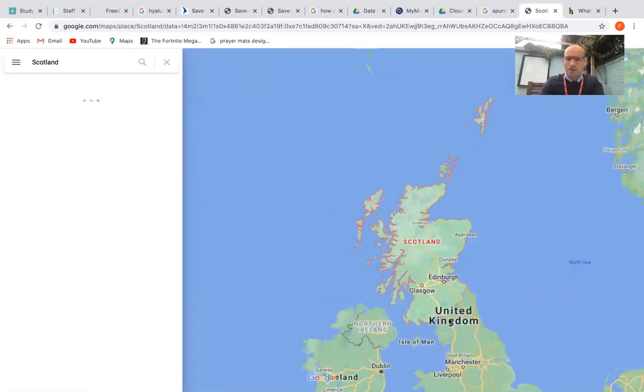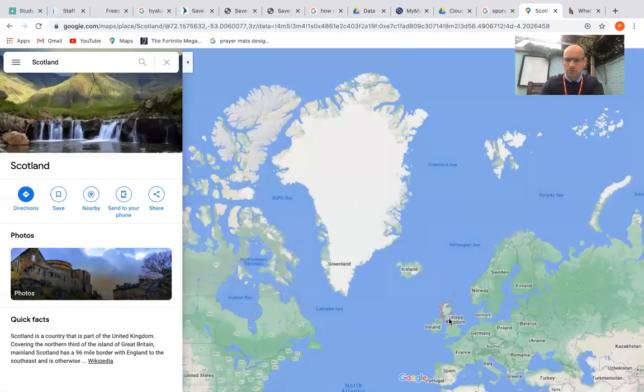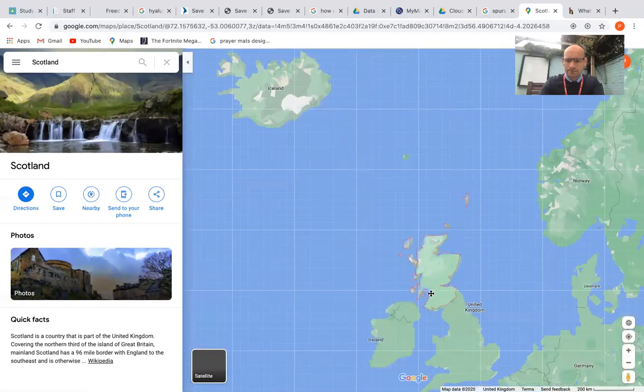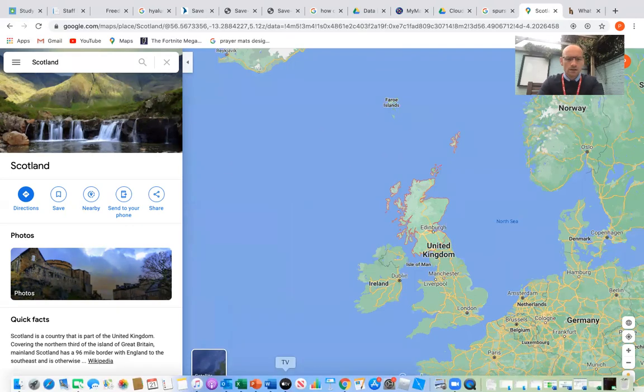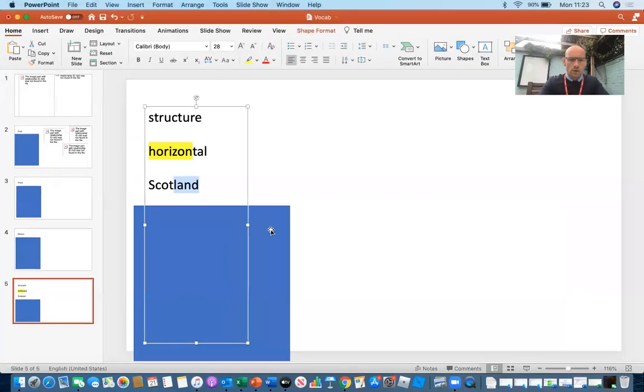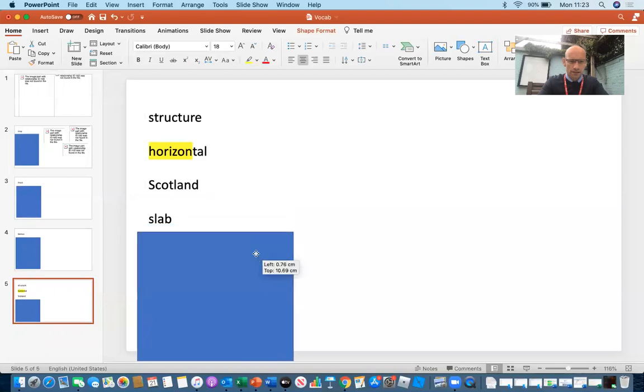There you are. Now I remember. It's one of the countries within the UK. England, Scotland, and this is Wales and Northern Ireland. And Ireland is one of the countries within the British Isles. Okay, so I know where Scotland is, or what Scotland is.